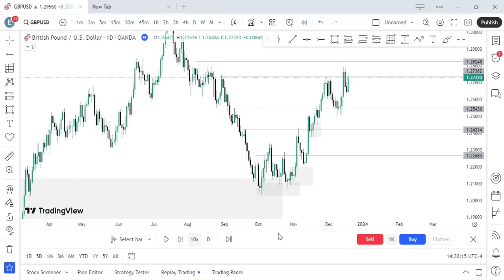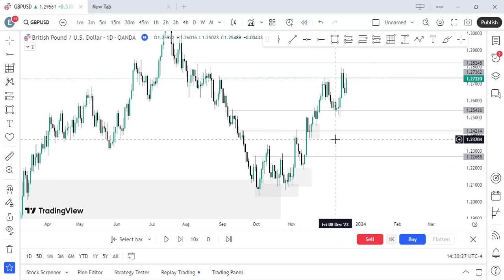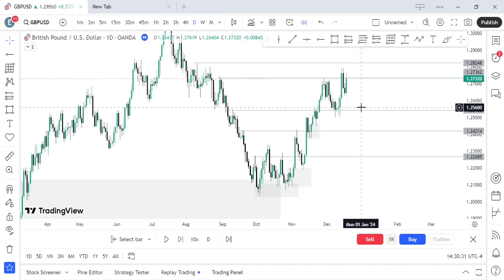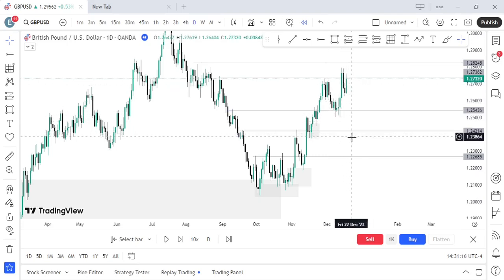Okay. Now there's something I should add, right? So whenever you enter into a trade and price comes all the way down, taps into your order block and starts to go all the way up, I do advise you use a trailing stop. So what is a trailing stop? Basically the way trailing stops work is very simple. When price comes into your entry zone and starts to go in your direction, you're just going to modify your stop loss upward, right?